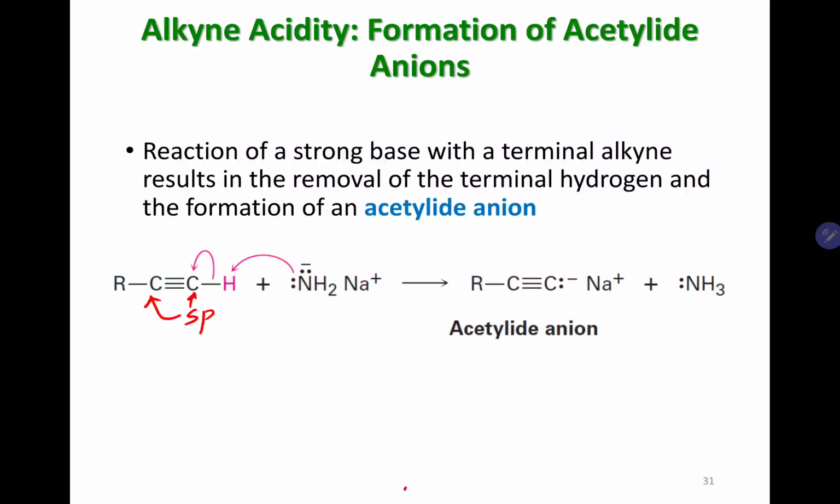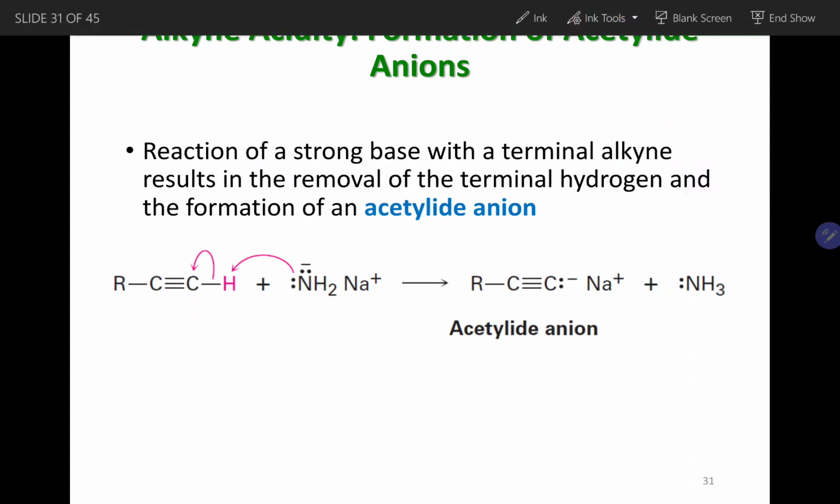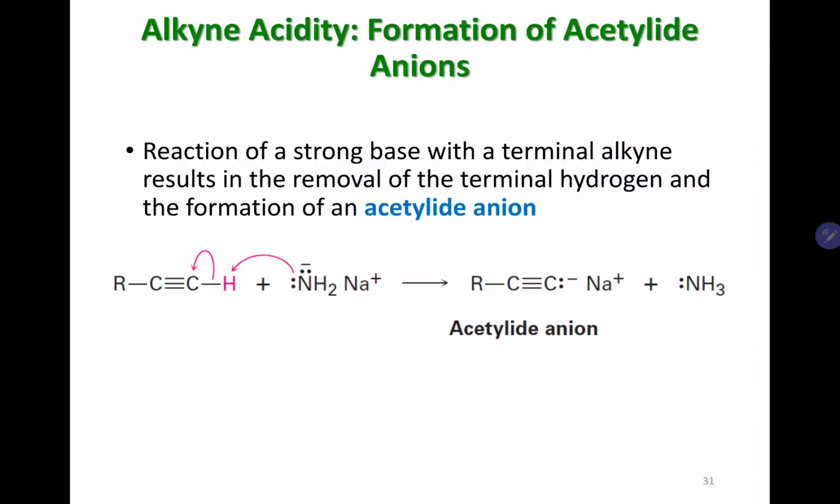So if you have a terminal alkyne, one of these sp hybridized carbons will have a hydrogen. When you have a terminal alkyne group, that hydrogen could be slightly acidic. So by using a very strong base, you may be able to deprotonate the alkyne hydrogen.